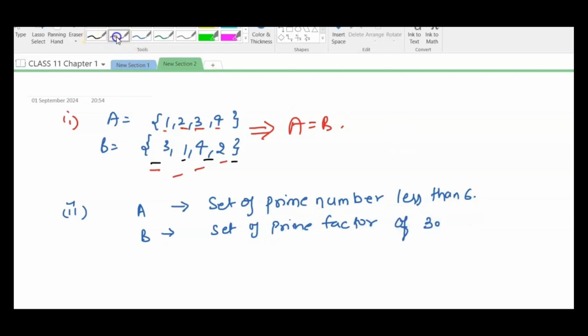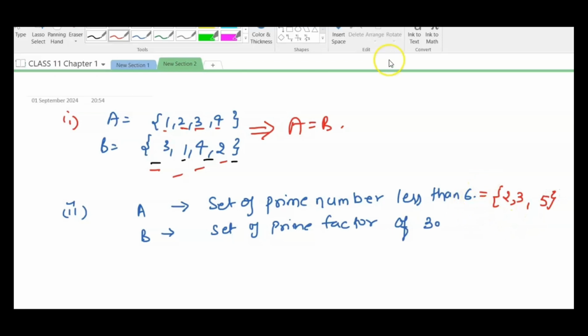So if we solve this, the prime numbers less than 6 are what? 1 is not a prime number, 2 is a prime number, 3 is a prime number, 4 is not a prime number, 5 is a prime number, and then that's it. Because after that, the number will not be less than 6.